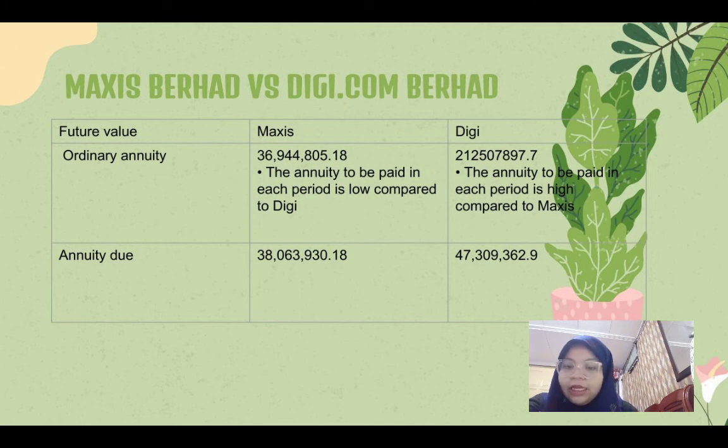The formula for future annuity value refers to the value at a particular future date of a series of periodic payments, where each payment is made at the beginning of a period.